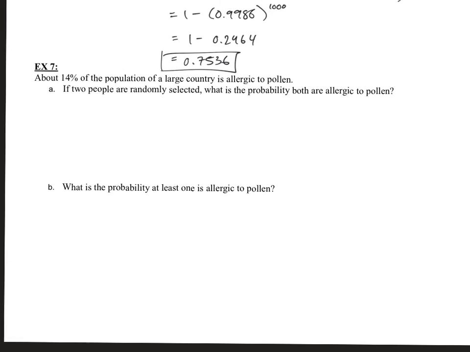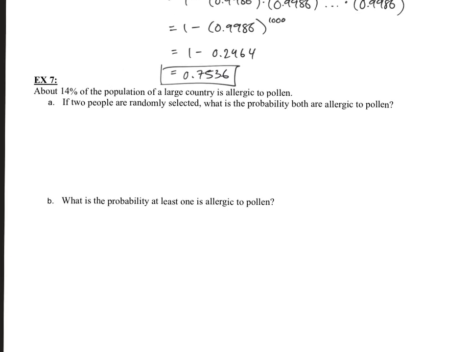So let's take a look at example 7. About 14% of the population of a large country is allergic to pollen. If 2 people are randomly selected, what is the probability that both are allergic to pollen? Well, this would be the probability both are allergic.